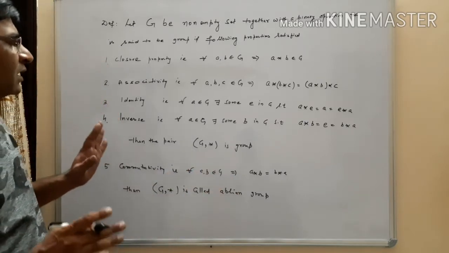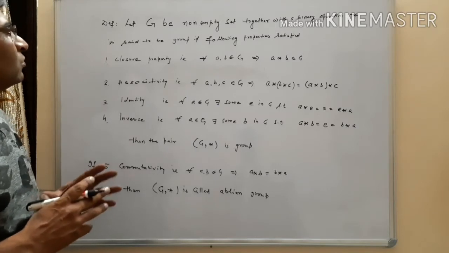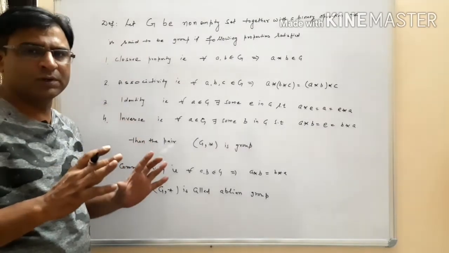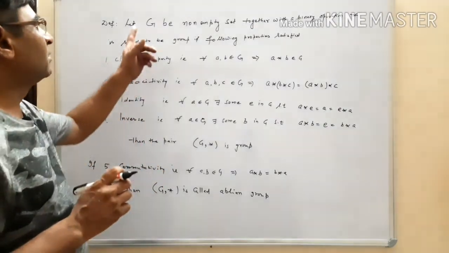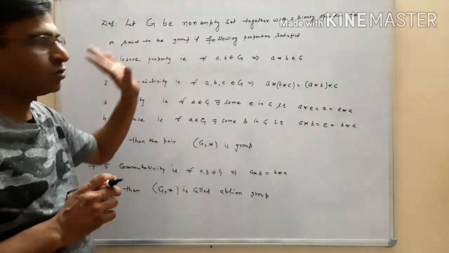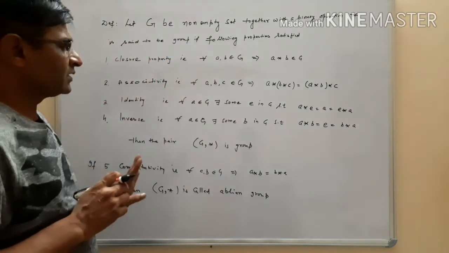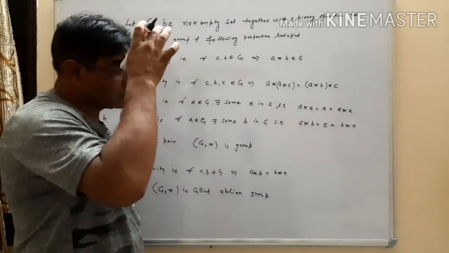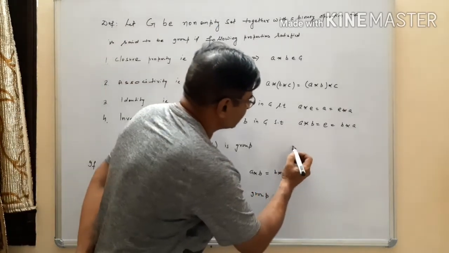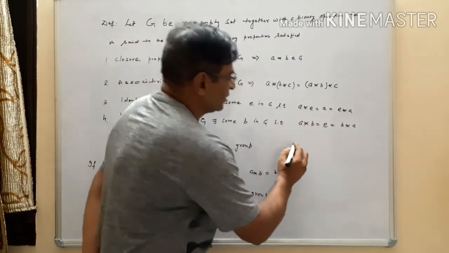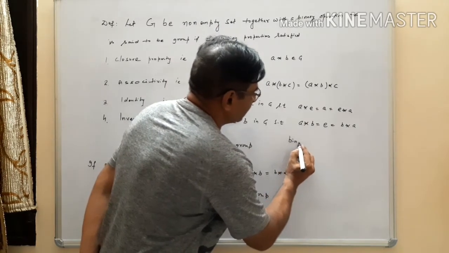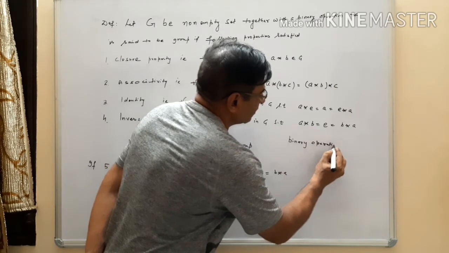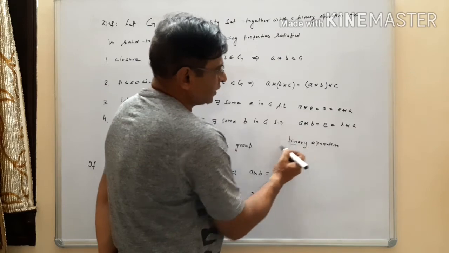So here the important thing we have to be attentive about is that G is always non-empty. A set can be empty, but G we always take non-empty. And one binary operation, star. What is a binary operation? In a language way, we can say it means work done on two things.